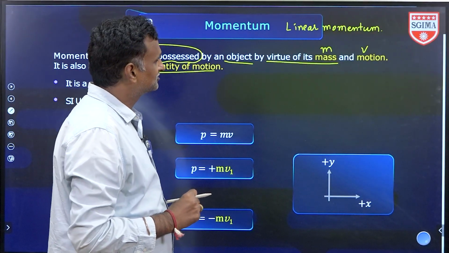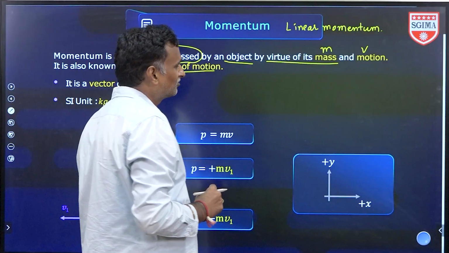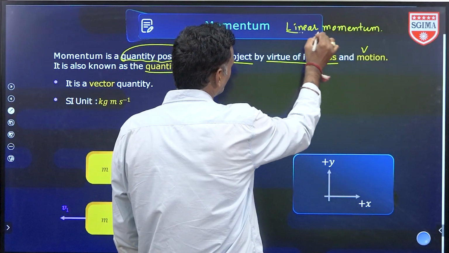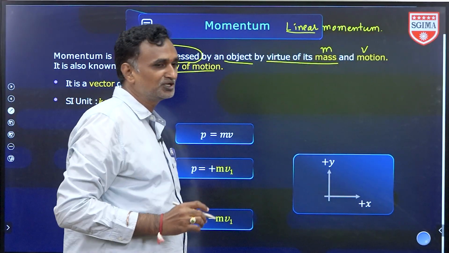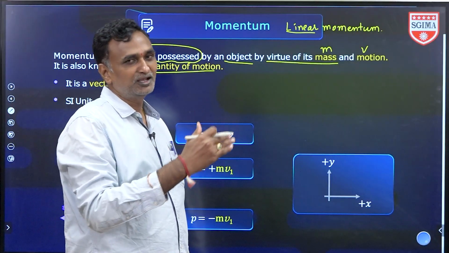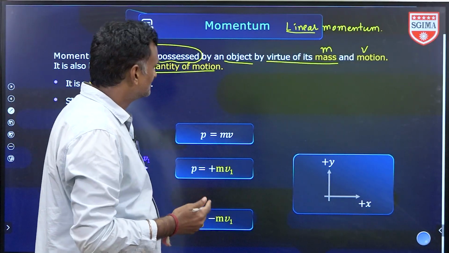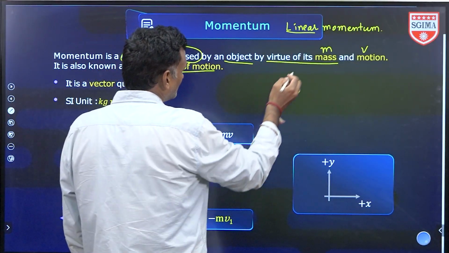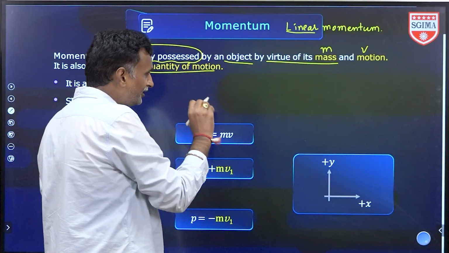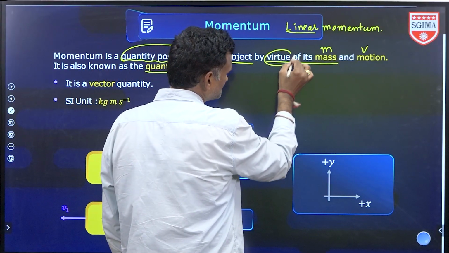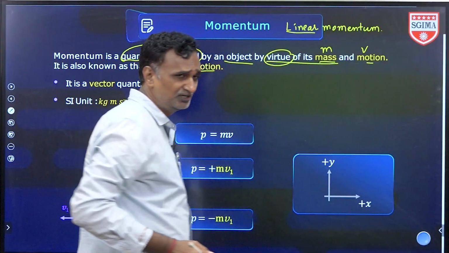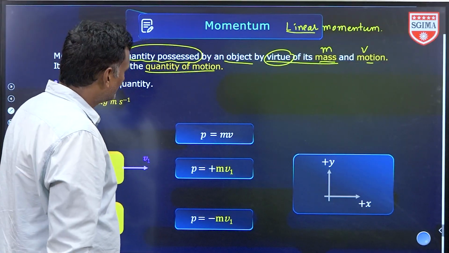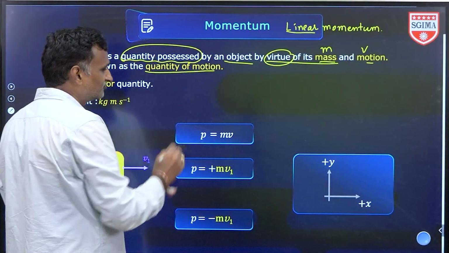So we need an idea about linear momentum, and it explains the motion of a body which is moving along a straight line. Once again, the quantity possessed by the object by virtue of its mass and motion is called linear momentum. It is also defined as quantity of motion.